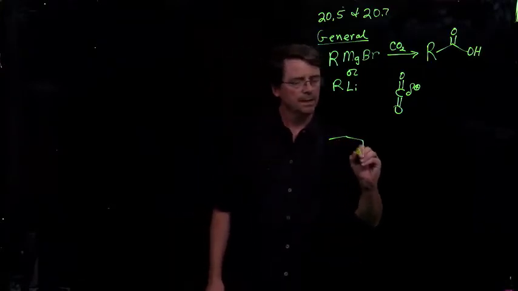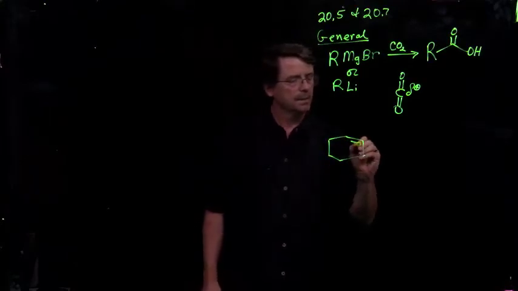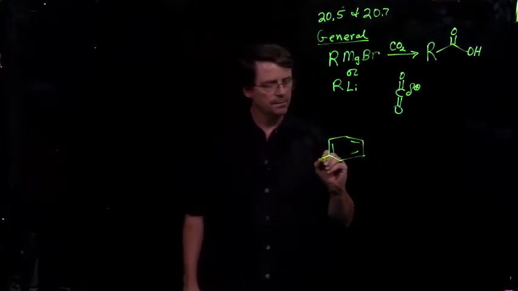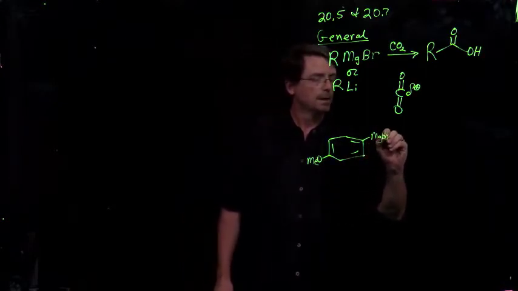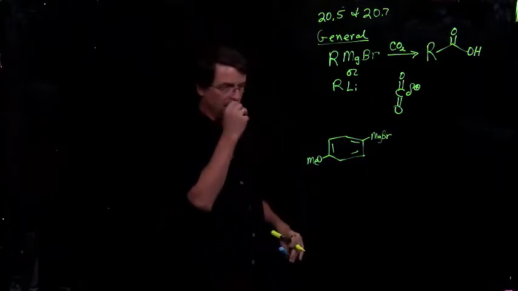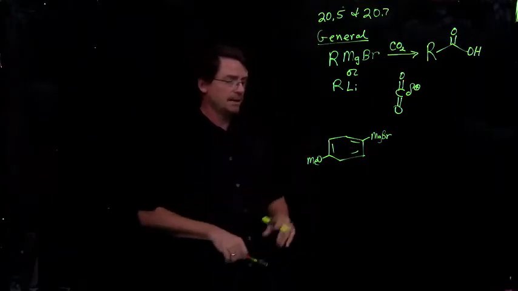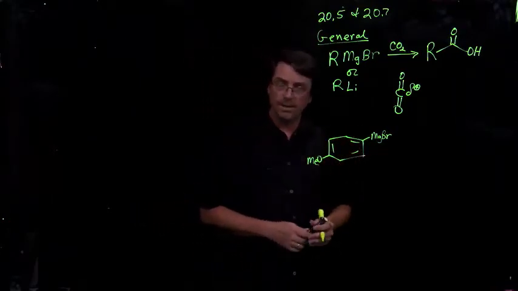So a standard example of this might be a substituted Grignard that would have been made from the bromide. You'd know how to make that methoxybromo compound now.